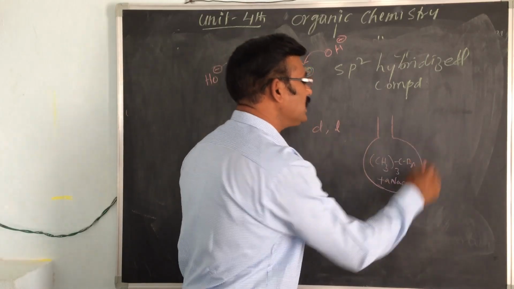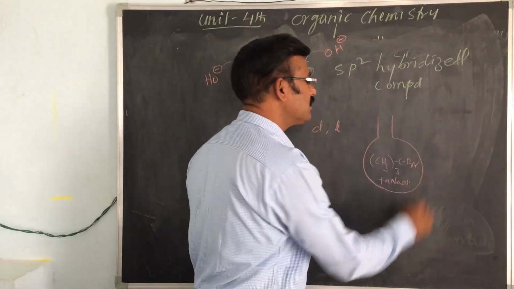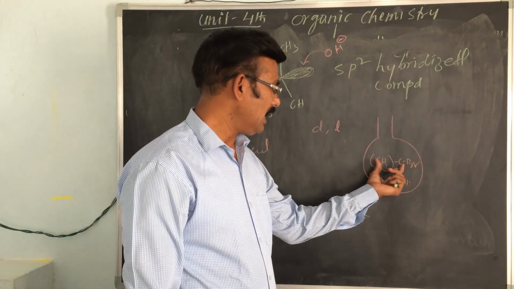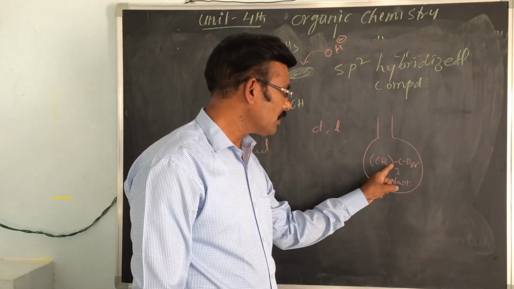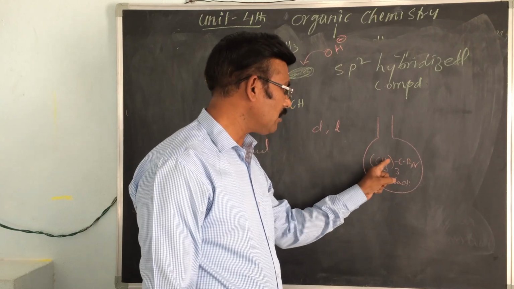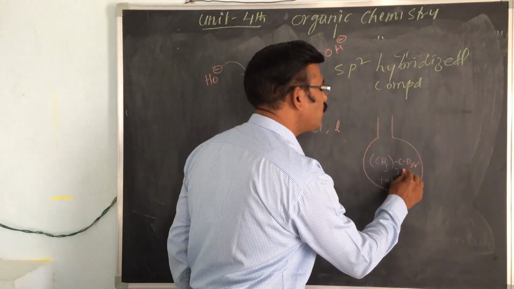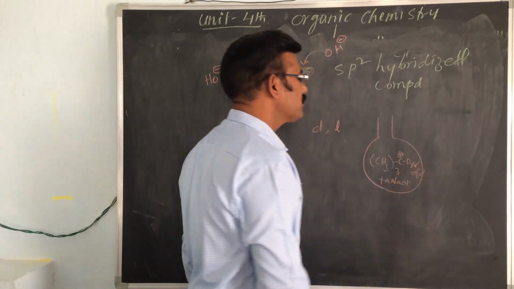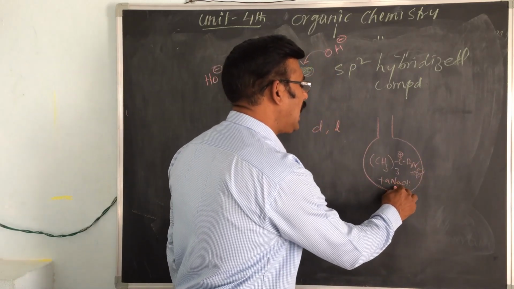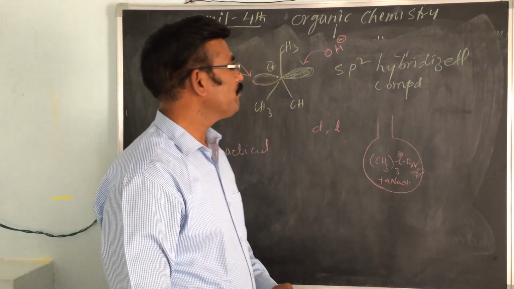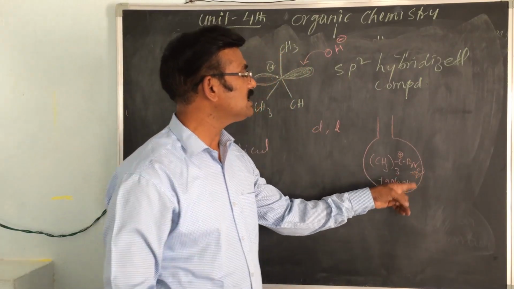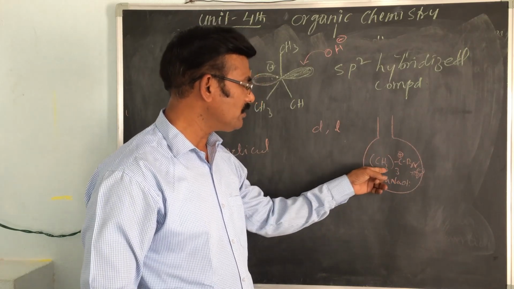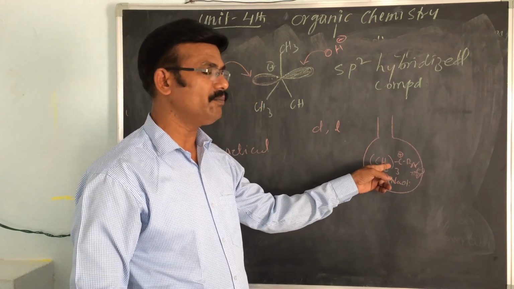The Br minus is left from the butyl compound, and a carbocation plus Br minus is formed in the solvent. And in the solvent, the Br minus is in close proximity to the carbocation.